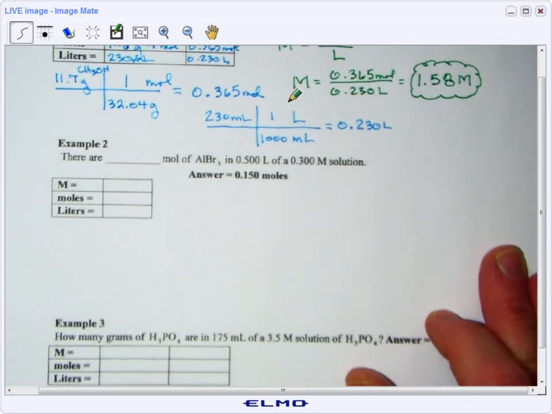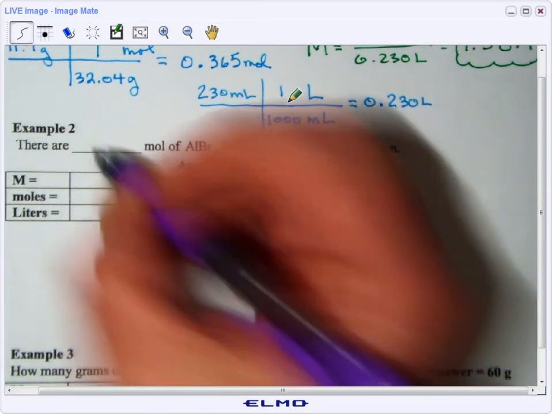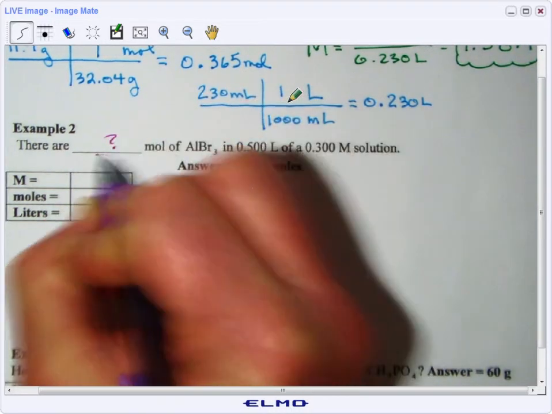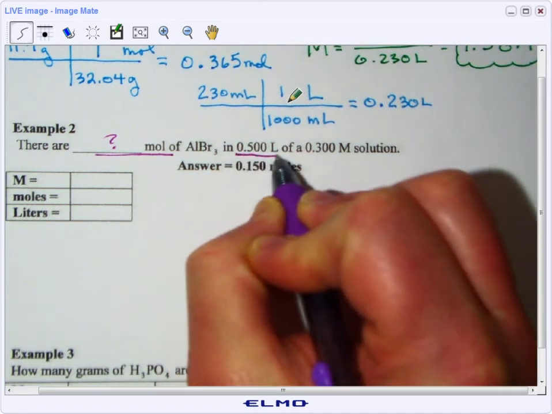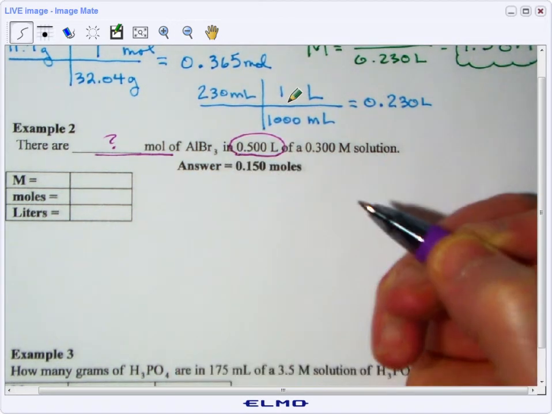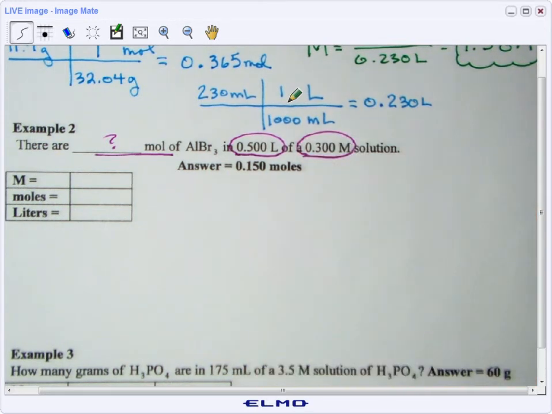I'll try to zoom in a little bit to help some of you see in the back. There are blank moles, so this is what I'm looking for, in 0.5 liters of a 0.3 molar solution.